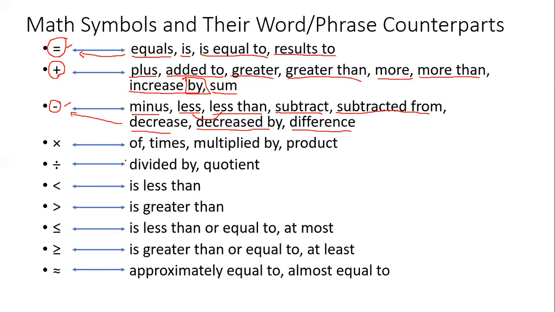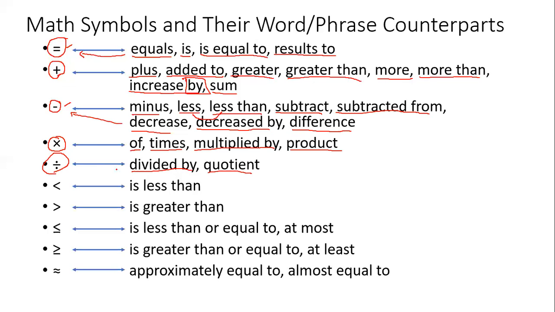Then we have the fourth one, the multiplication sign, associated with the word of, times, multiplied by, and the product. Then we have fifth one, the division sign, divided by, and quotient.